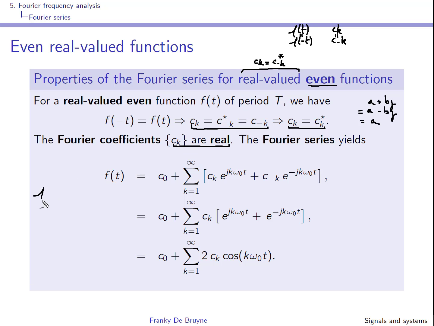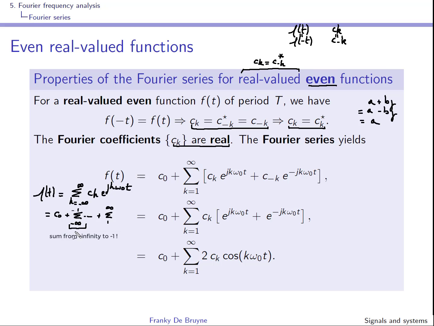So remember that f(t) is a sum from minus infinity to infinity of ck e^(jk omega0 t). So you can decompose it in a sum with c0, then a sum that goes from minus infinity to -1, and a sum that goes from 1 to infinity.